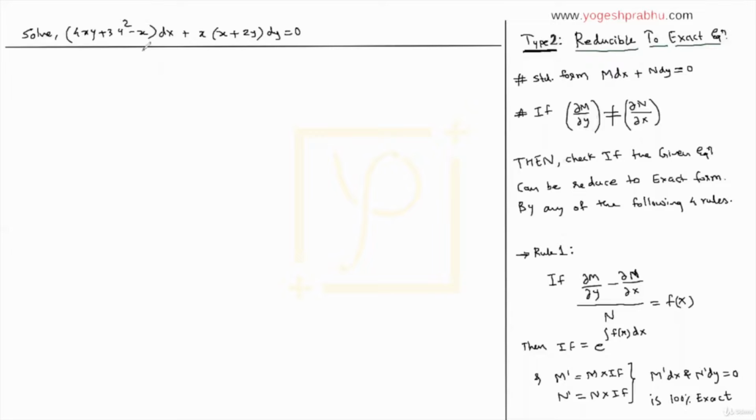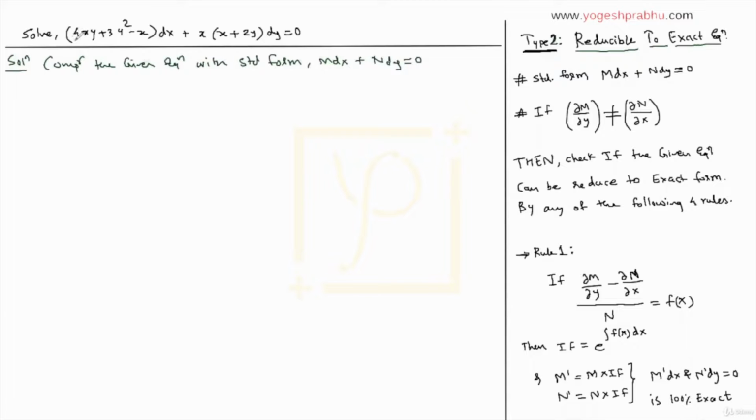So let's go about solving this question, and the solution for this problem goes like this. The first thing you will do is compare the given equation with the standard form. As usual, the standard form is M dx plus N dy equal to 0.